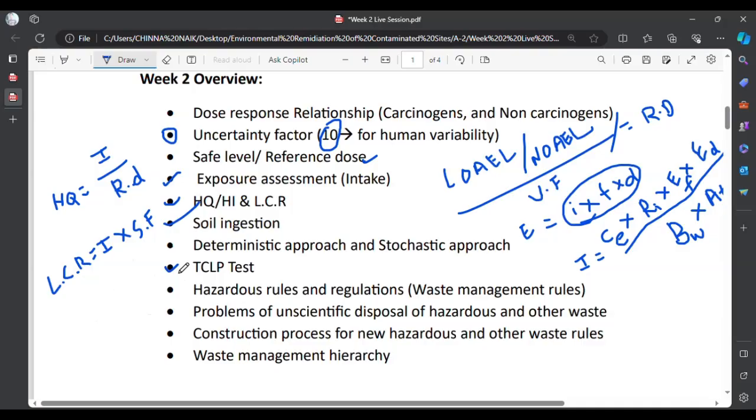He also mentioned the test method for evaluation of solid waste, test method 1311.